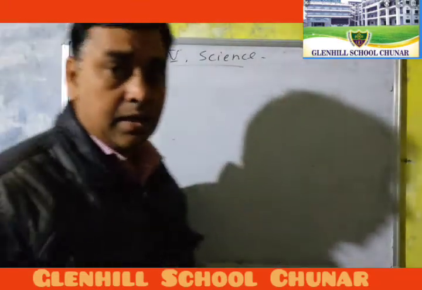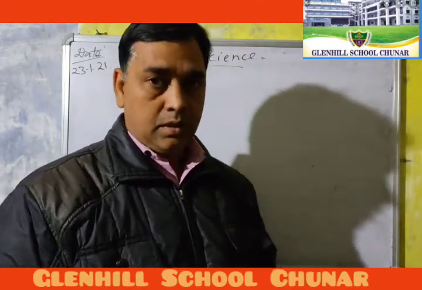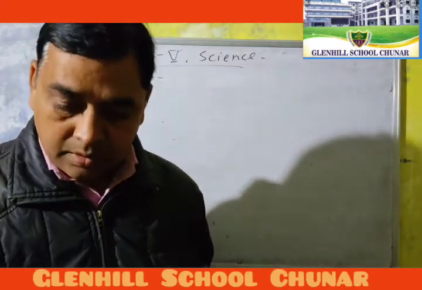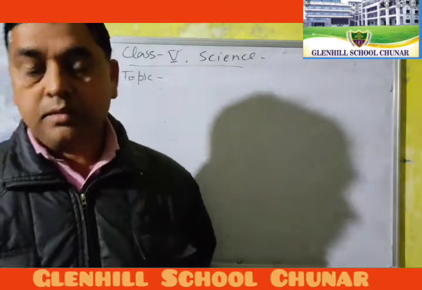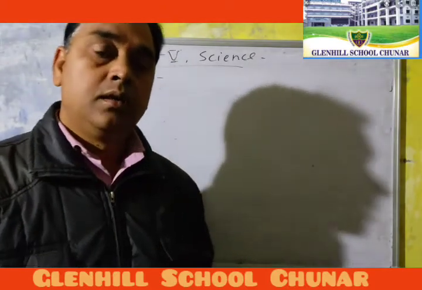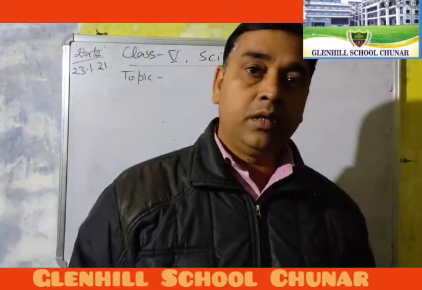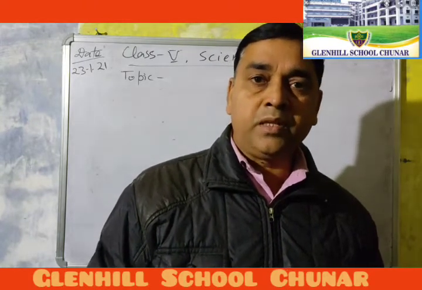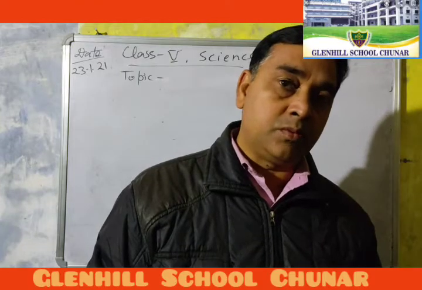Student, in the previous class I completed the layers of the atmosphere. Actually, there are 5 layers found above the Earth's surface. So today I will explain some activities which are given in your textbook.